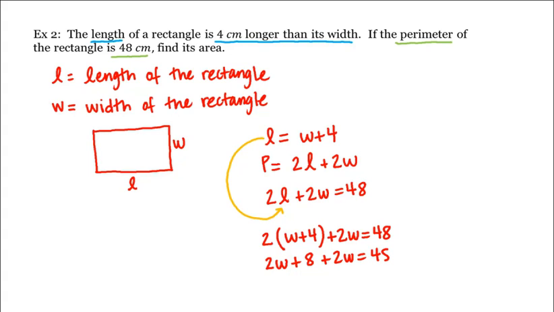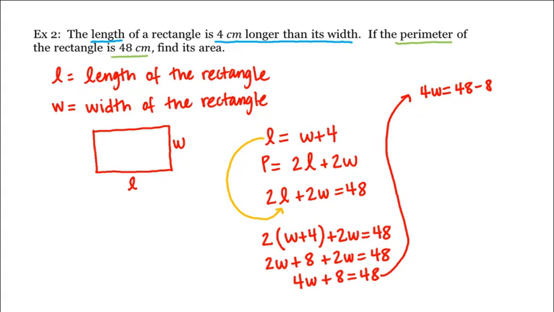Or 4W plus 8 is equal to 48. And then subtracting 8 from both sides gives us 4W is equal to 48 minus 8, or 4W is equal to 40. And then dividing both sides by 4 gives us that W is equal to 10.